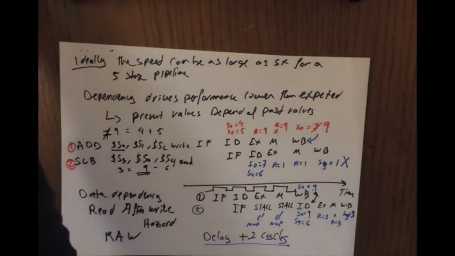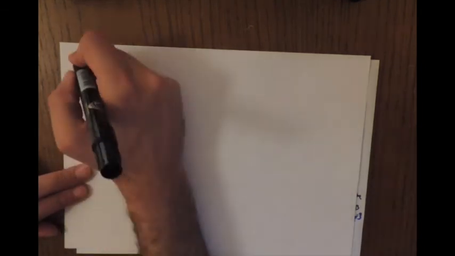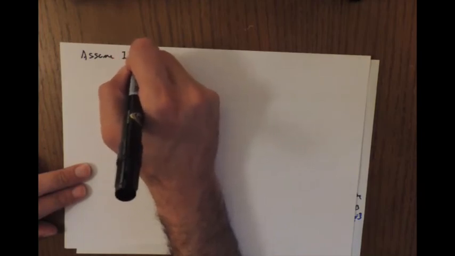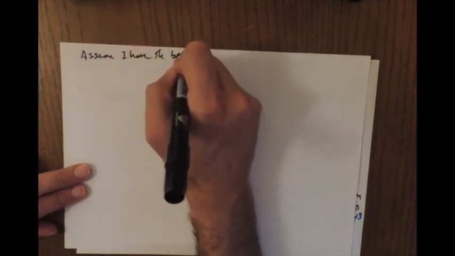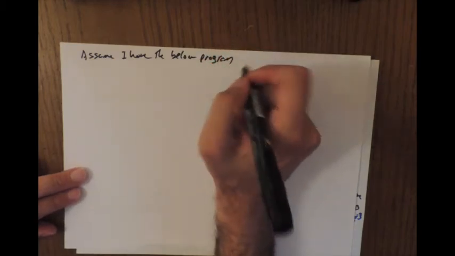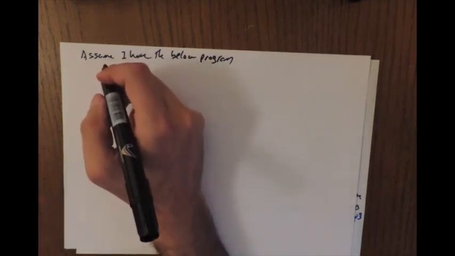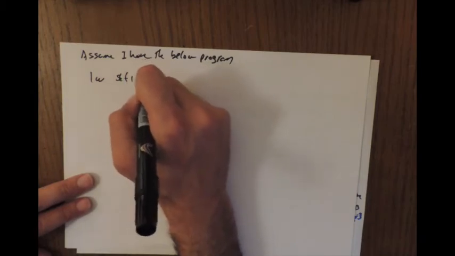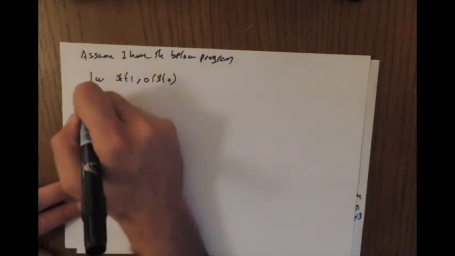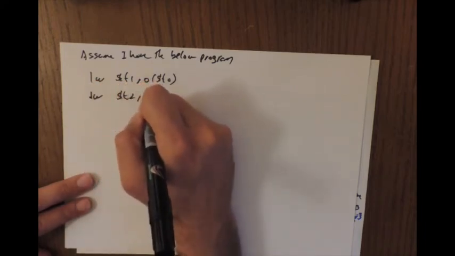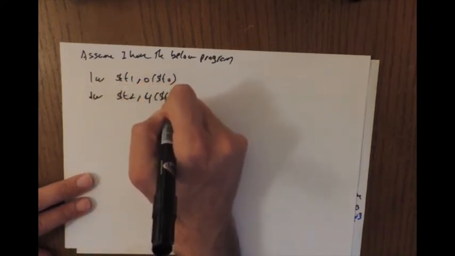So assume now I have the below program. Okay, so I'm gonna say load T1 0(T0), then I'm gonna say add T2 LW... T2 for T0.